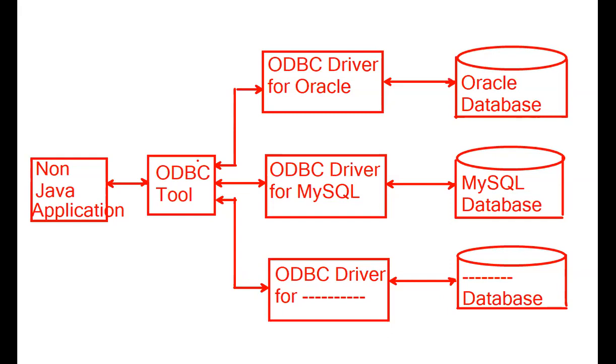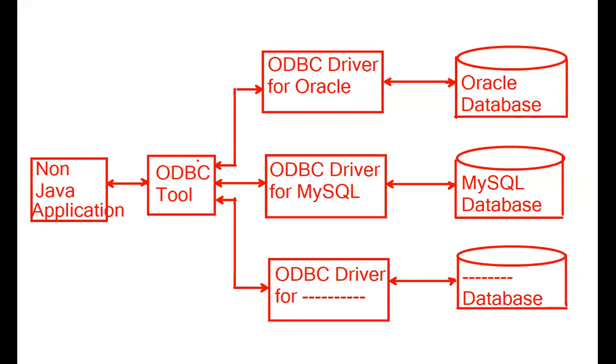Drivers are developed by a first party vendor, second party vendor, or third party vendor. In the example I gave, who is first party? Sun Microsystems. Who is second party? Oracle Corporation. Who is third party? Anyone other than Sun Microsystems and Oracle Corporation. Suppose the application is developed in C#, then Microsoft is the first party.